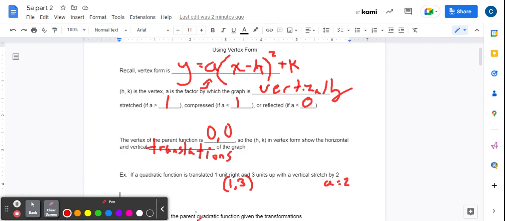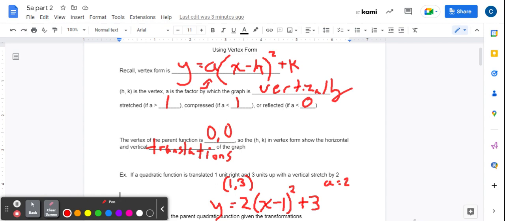So when we plug that into our vertex form, y is equal to 2 times (x minus 1) squared plus 3. And that's how you would write that in vertex form. It's really that simple.